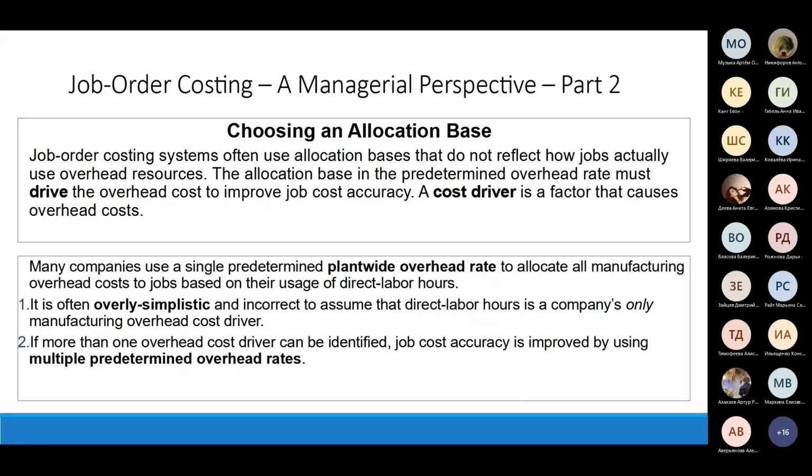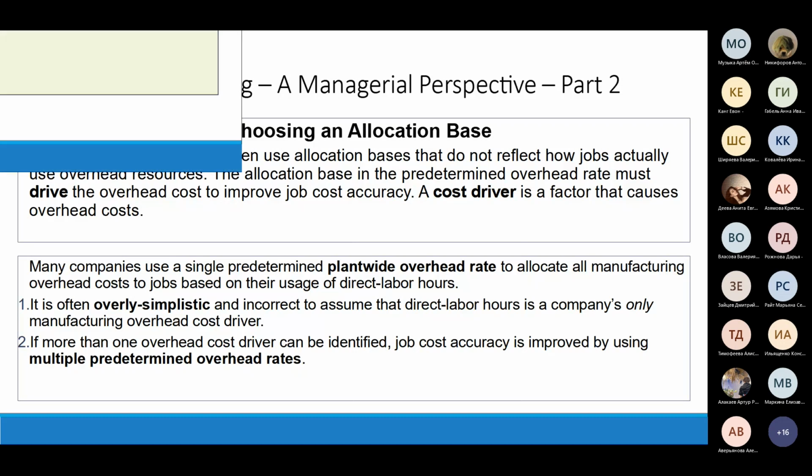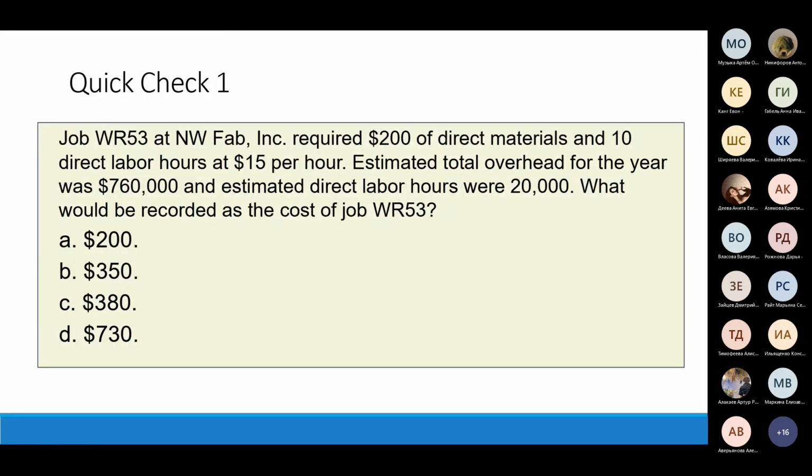So job order costing system is really good when we have unique items to produce or unique processes. Looking back to our prior material, so please try to answer this quick check number 1. Do you remember what is the cost of the job?